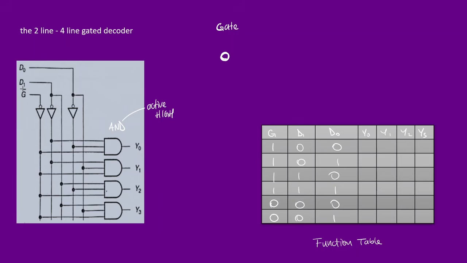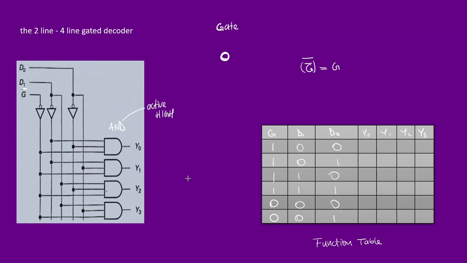But since we're dealing with not G, and not G is being inverted, you're going to have the complement of not G, which is the same as G, meaning that for your gate circuits to be high, throughout this line your gate circuit is high. So anywhere this guy is high, my output is going to be activated.